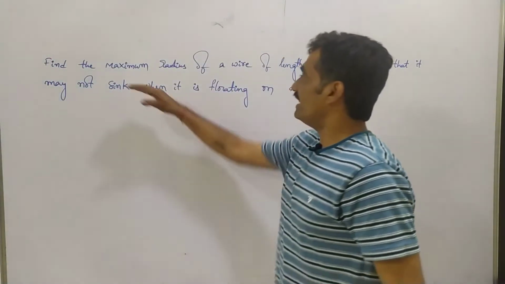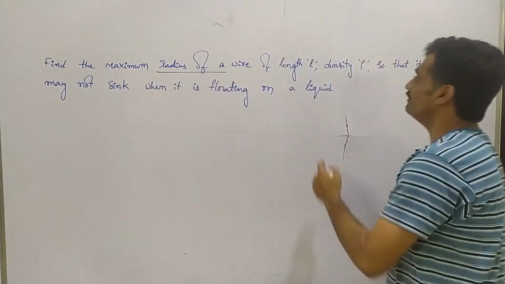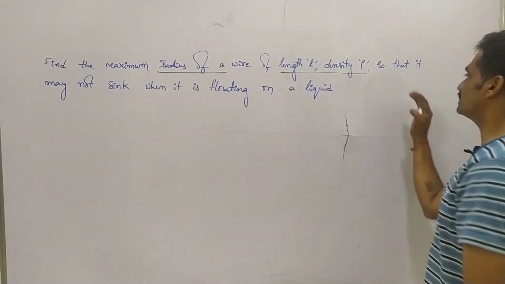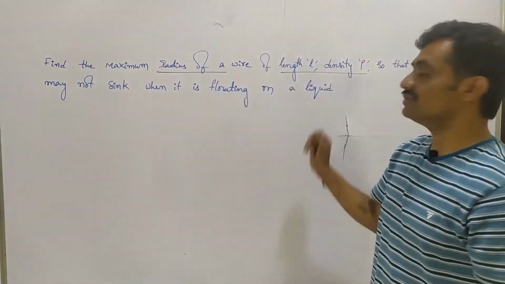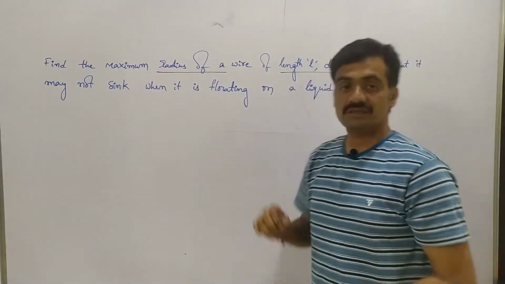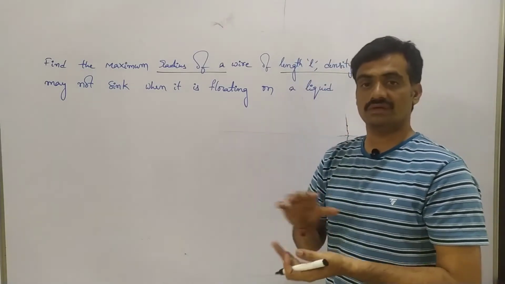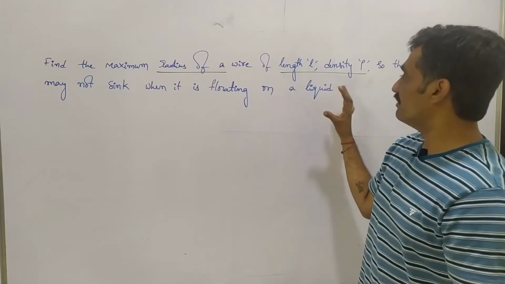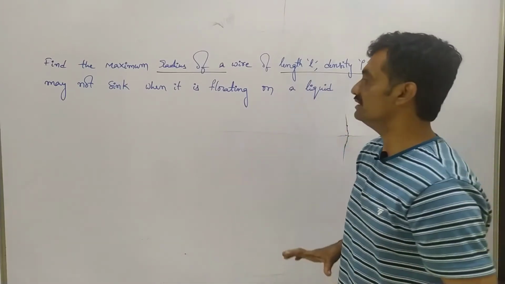Observe the next problem. Find the maximum radius of a wire of length L and density rho such that it may not sink when it is floating on a liquid. Suppose a wire is floating on water. Now we have to find the maximum radius of the wire so that it may not sink within the water.